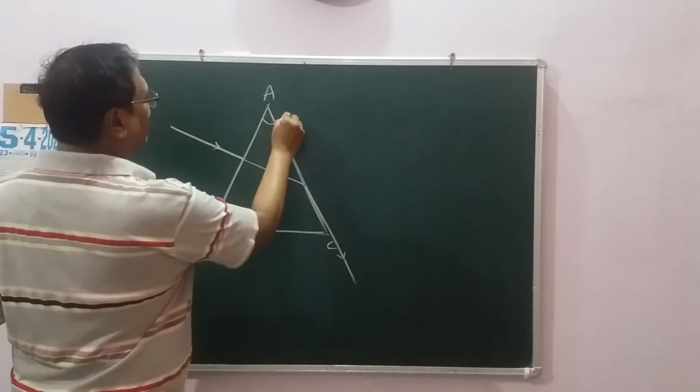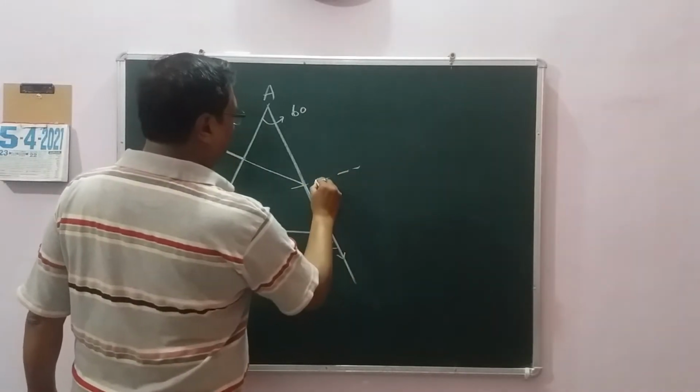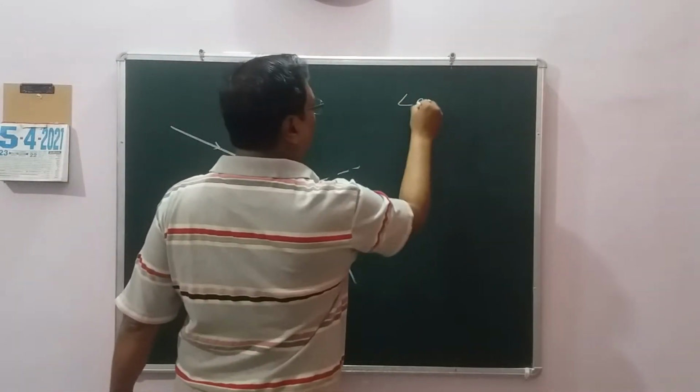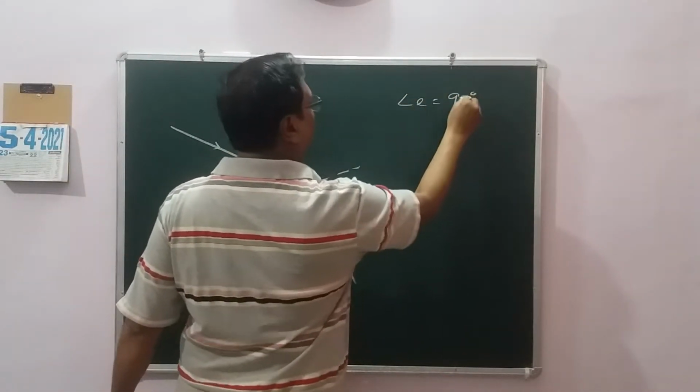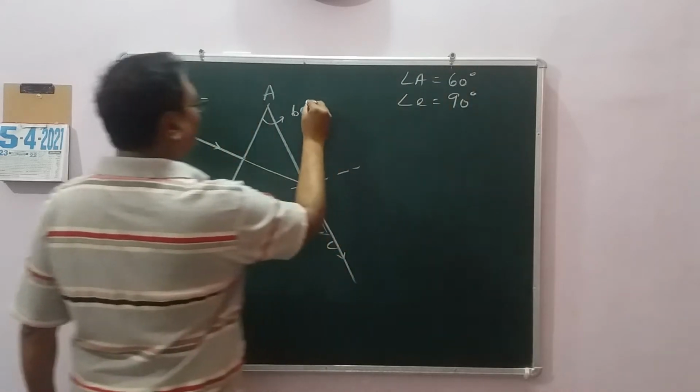The angle of the prism was 60 degree, and we found the angle of emergence to be 90 degree. So angle of emergence is equal to 90 degree, angle of the prism is equal to 60 degree, right?